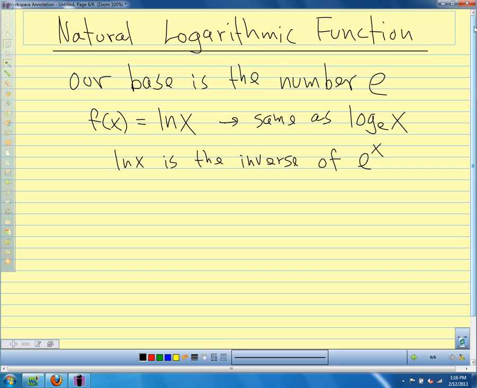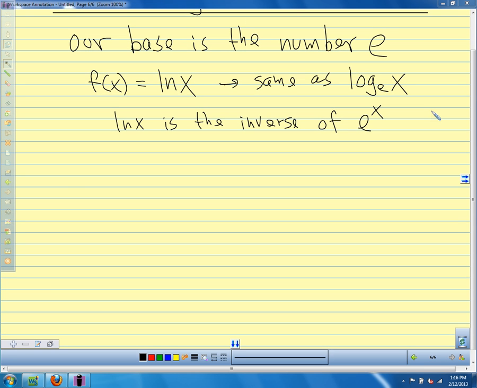So let's look at a few examples using natural logs, and then we're done for today. Let's say we have natural log of e to the 5 equals what? What power do we have to raise e to get e to the 5th?